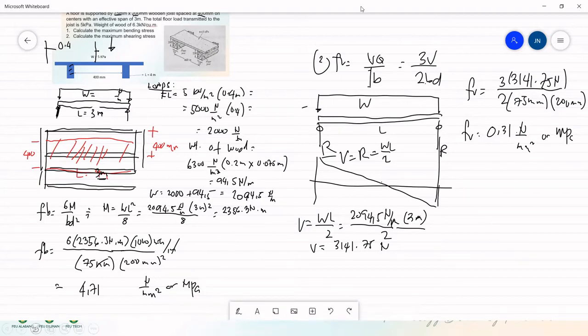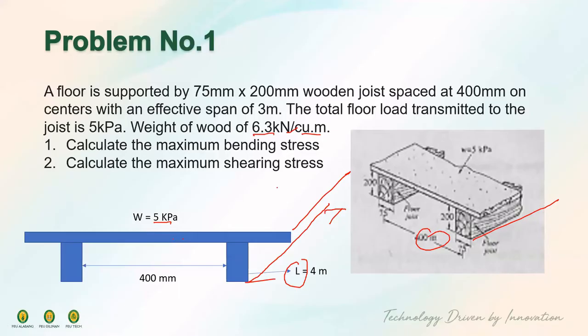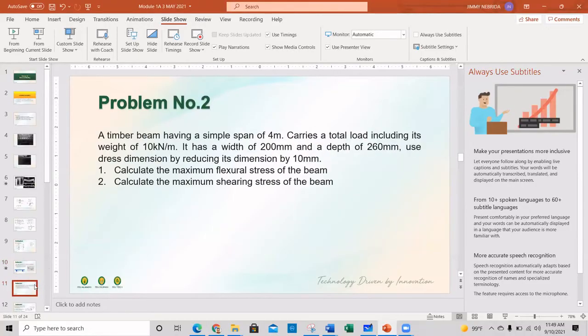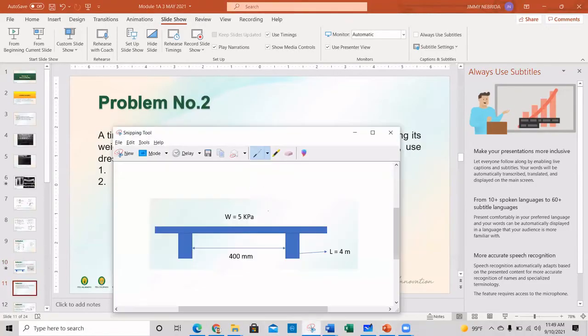Okay lang. If there's no question, we can proceed to the second problem. Okay, second problem tayo.